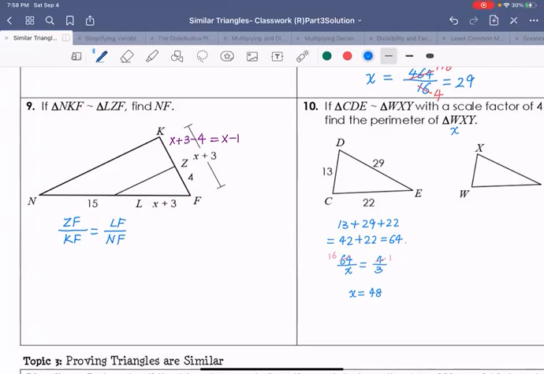Now let's plug in. ZF is 4. KF is how much? X plus 7. They told you this whole thing is X plus 3, correct? Oh yeah.